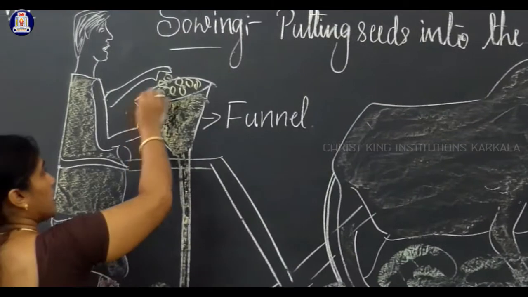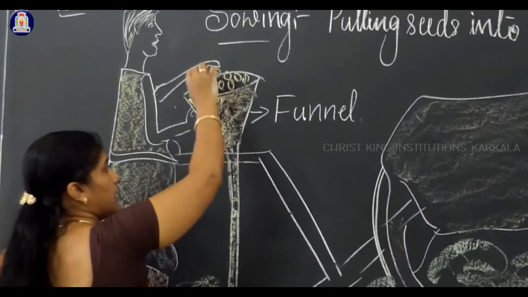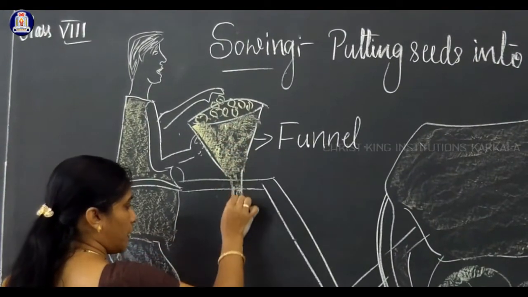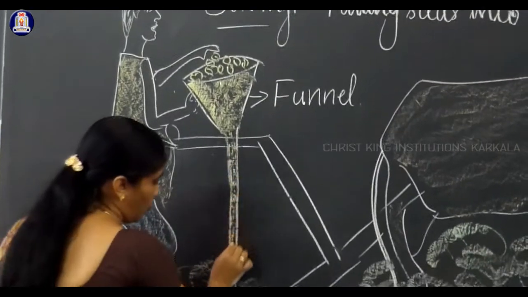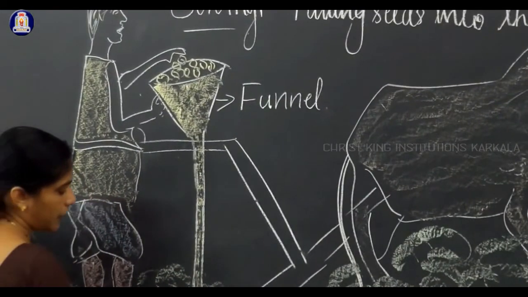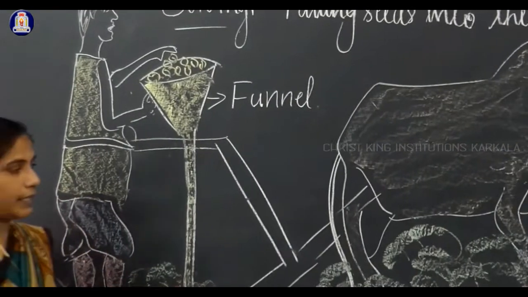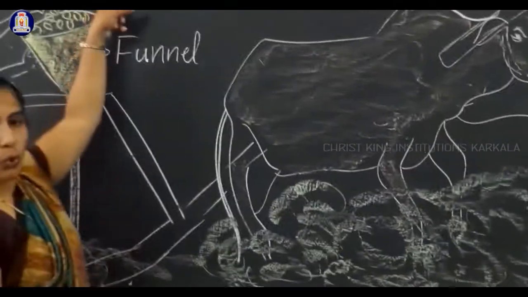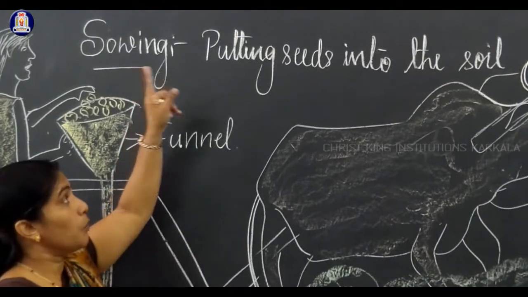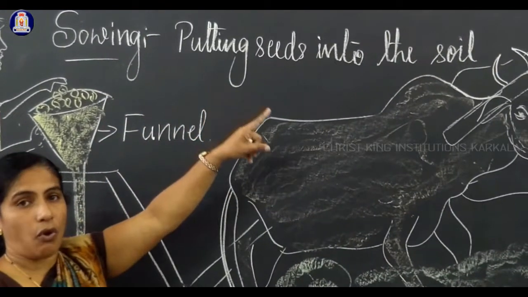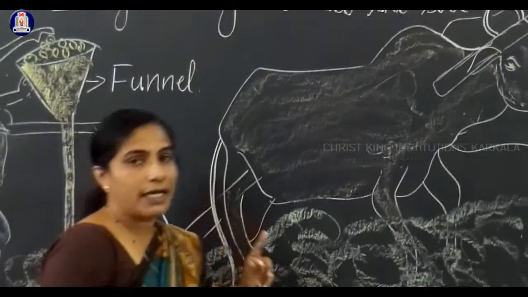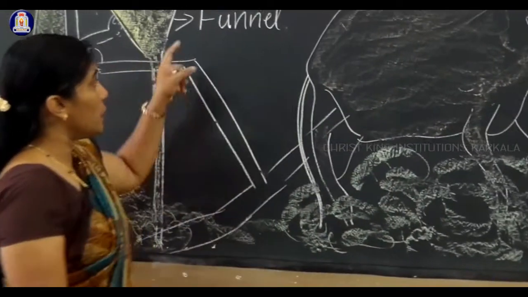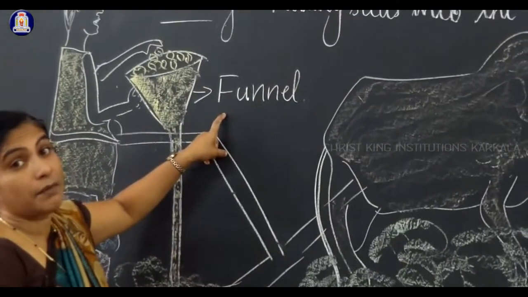He will bring the seed and fill it inside the funnel. After that the seed will flow to the ground or the paddy field. That is one method, and that is called sowing: putting seeds into the soil by different methods. One I said is broadcasting, the second is using a tool in the traditional method.